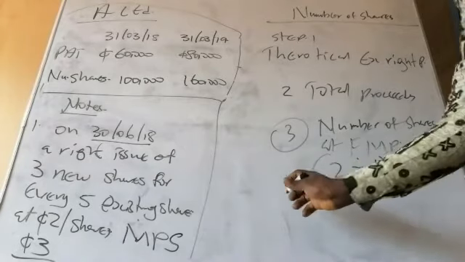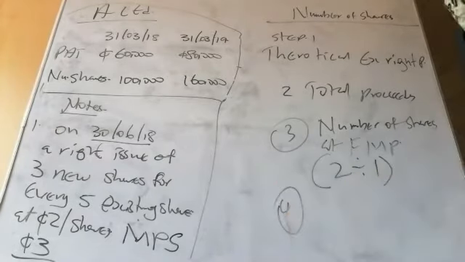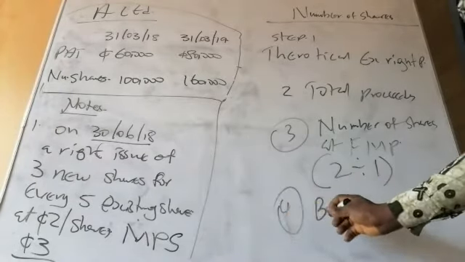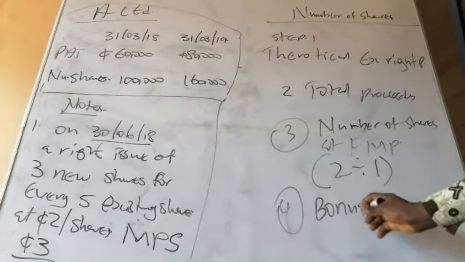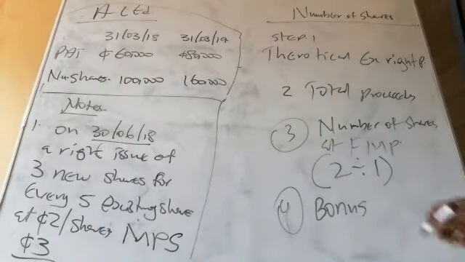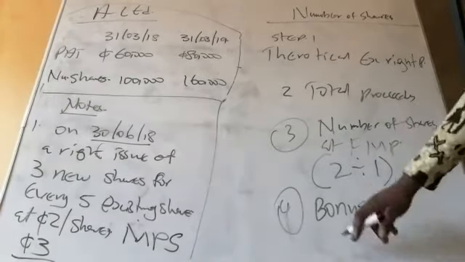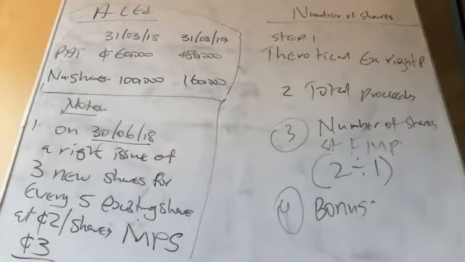Then you are done. Then step 4, you've got a bonus section. The number of bonus shares, you should use the full market price bonus. Then we are done. Then you go ahead and calculate your earnings per share.